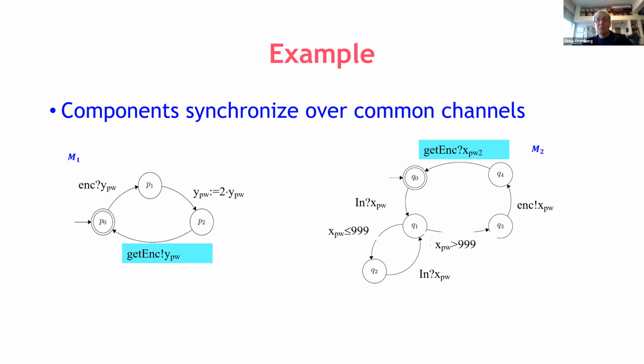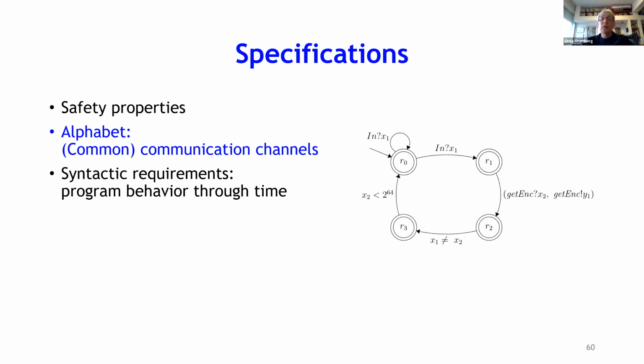So this is the program we will use as an example, and the specification will be another automaton, and we can have 2 kinds of specification. First of all, we can have a specification over the sequence of communication. So for instance, we may require that a value for X1 is obtained from the environment before there is a synchronization between M1 and M2 on get encryption.